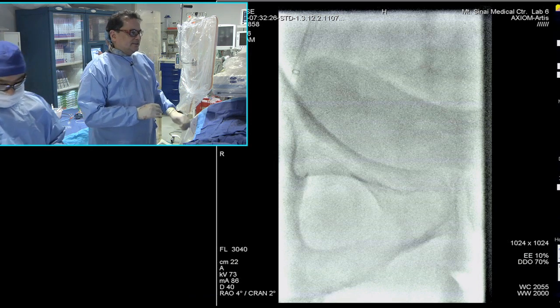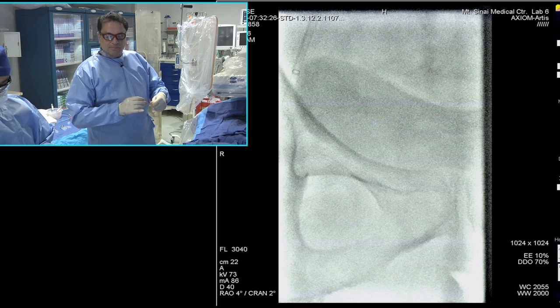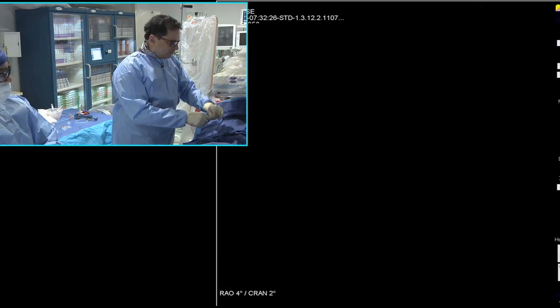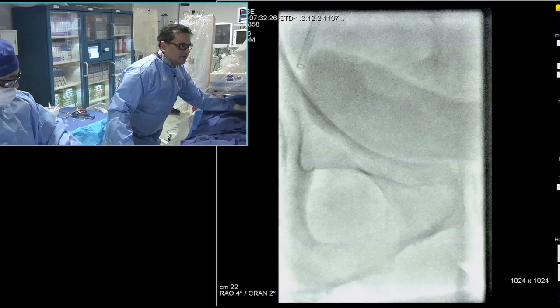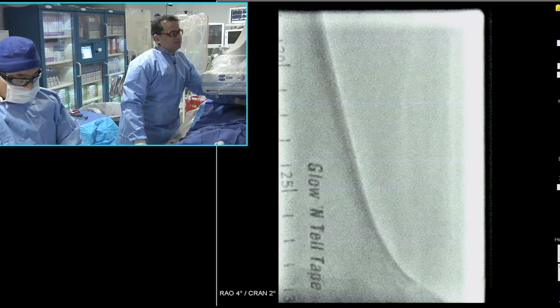As you know very well, DCB long lesion data has been presented and not published yet, but it clearly has been presented. So with the IMPACT long lesion data from their global registry. The second thing is Lutonix long lesion data has also been presented by Dirk at, I don't know which conference, but I know he presented it.